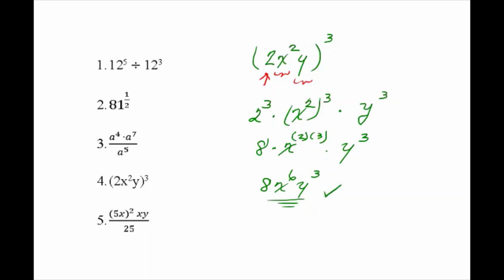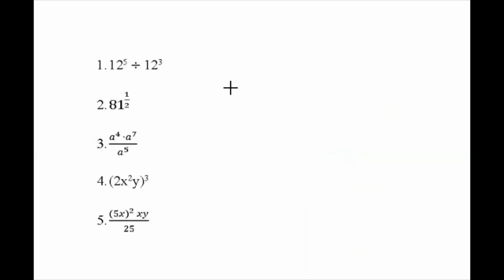All right. Let's look at our last problem, okay? So I have 5x, quantity squared, then multiplied by xy, and then all divided by 25, okay? Now, if I want, I could recognize that 25 is 5 squared, but I don't need to at this point, right?